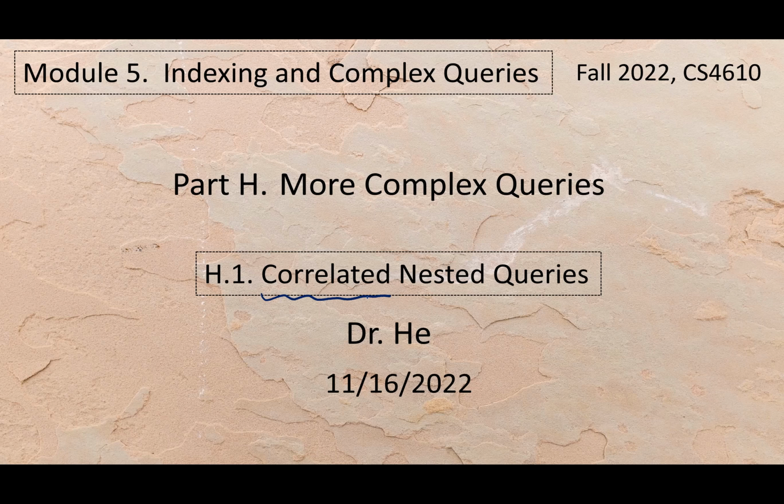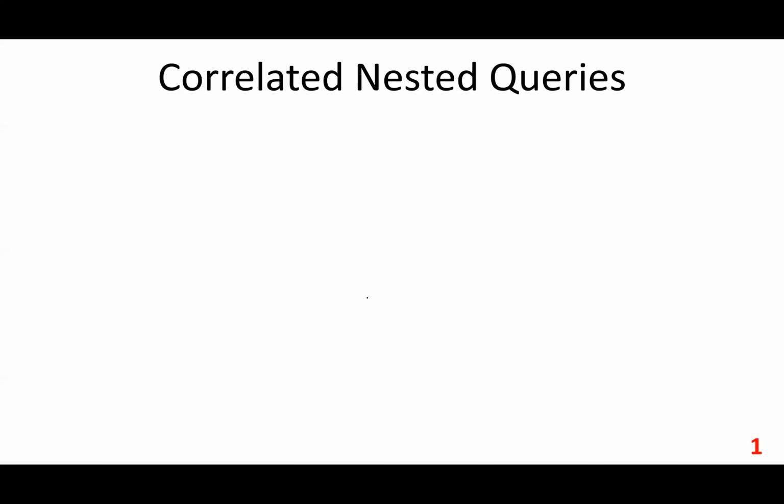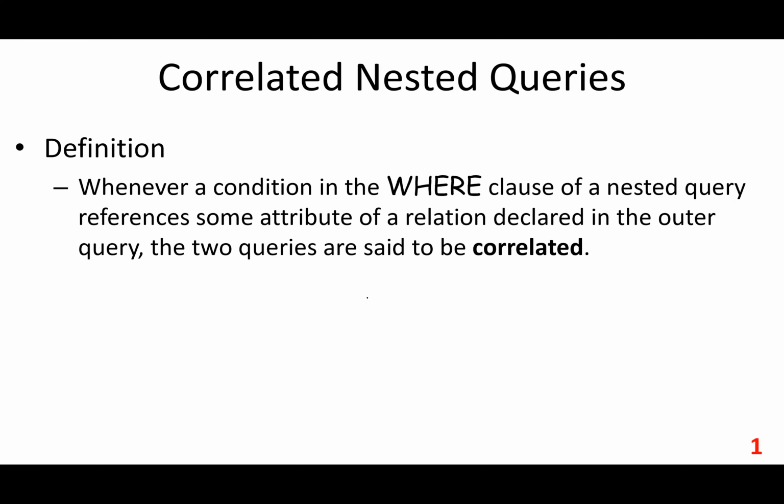All right. So first, let us look at the definition. Whenever a condition in the where clause of a nested query references some attribute of a relation declared in the outer query.